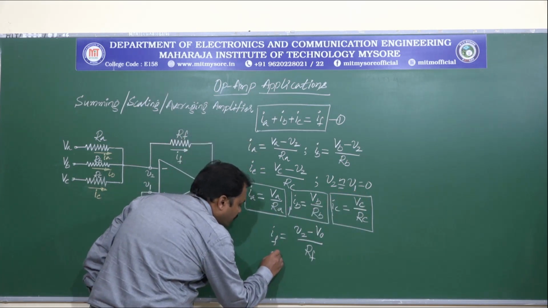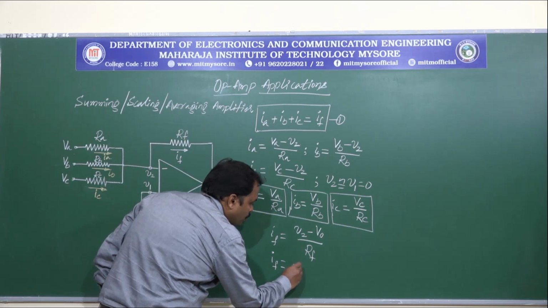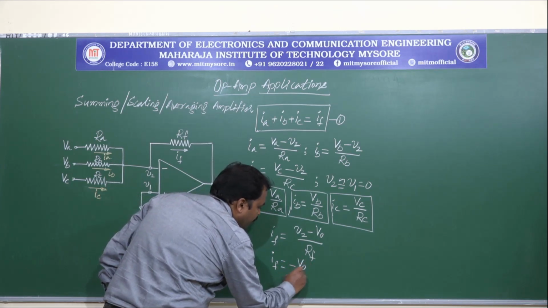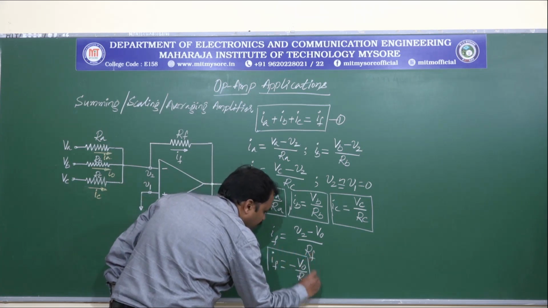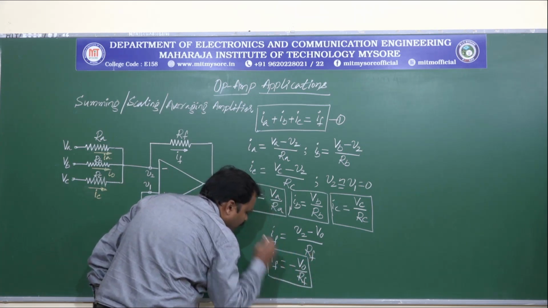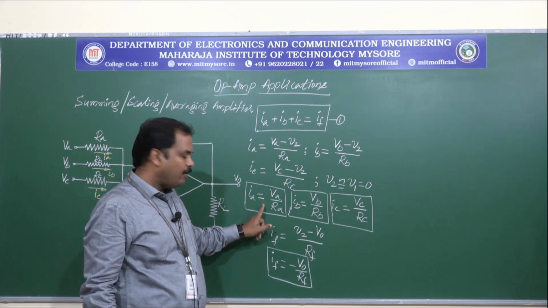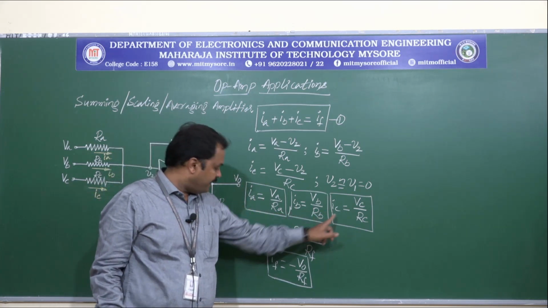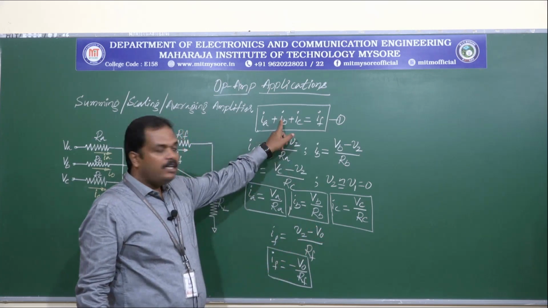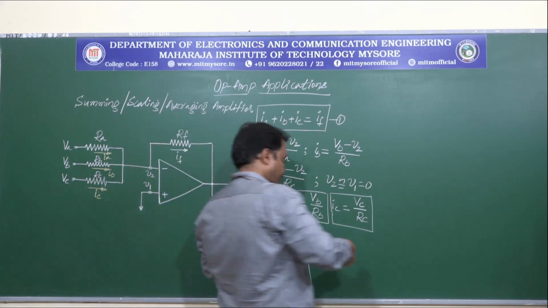So IF is equal to minus V0 divided by RF. So now what we'll do is we'll substitute the value for IA, IB, IC and IF in equation 1.